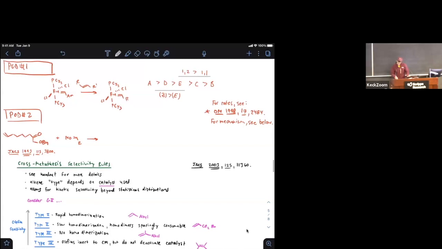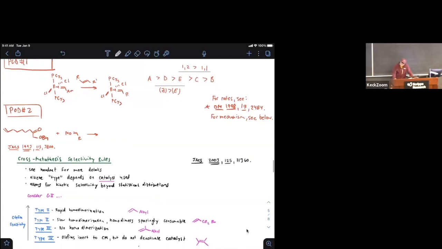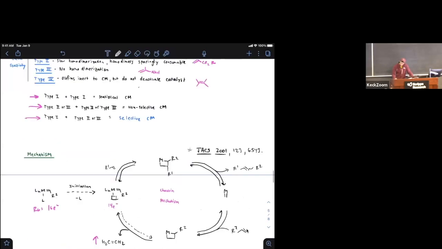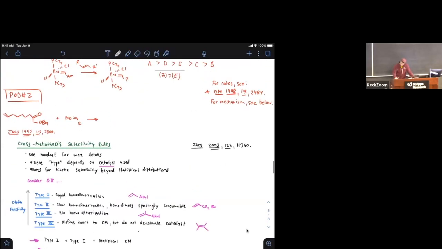So I draw your attention to this reference if you want to read more, but I will add the caveat that because of its timing, late 1998, the mechanistic discussion in this paper is a little bit wonky. For the mechanism, you need to look at a later paper, the one down here, this 2001 paper. You can look at the rate data there. It's good, helpful data, but don't get confused by the mechanism.